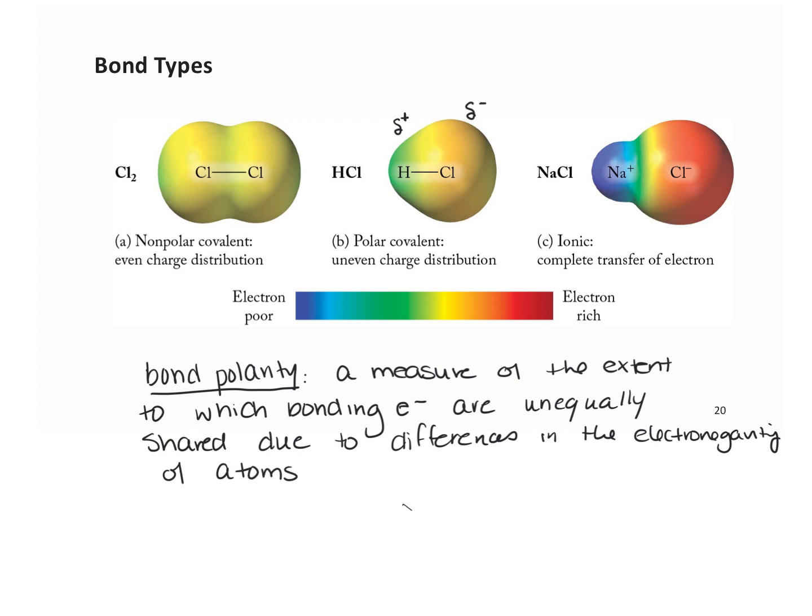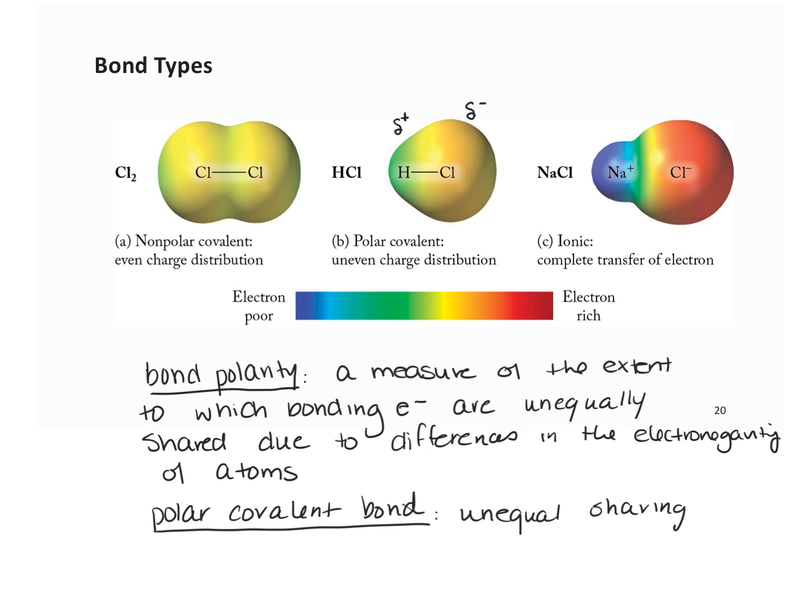A polar covalent bond is unequal sharing of a bonded pair of electrons between atoms. Now this results in an uneven distribution of charge.